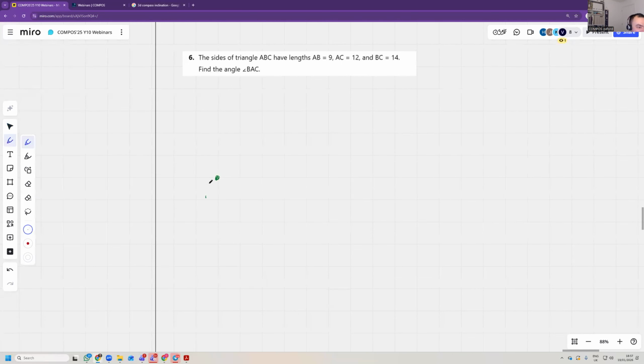Let's, for convenience, put this triangle A, B, and C. We know that AB is 9. AC is 12, and BC is 14.